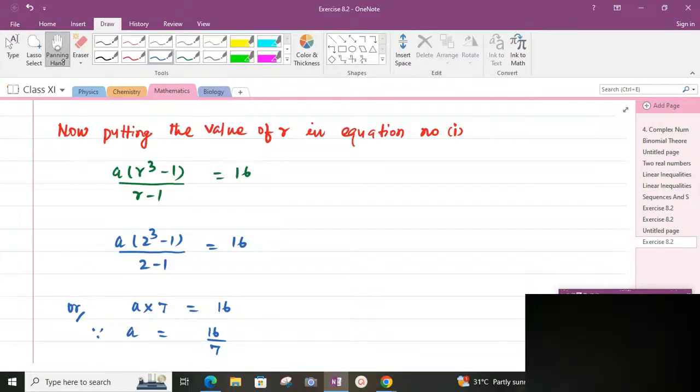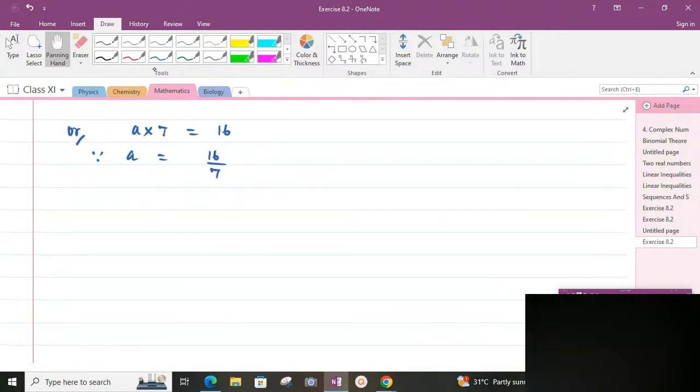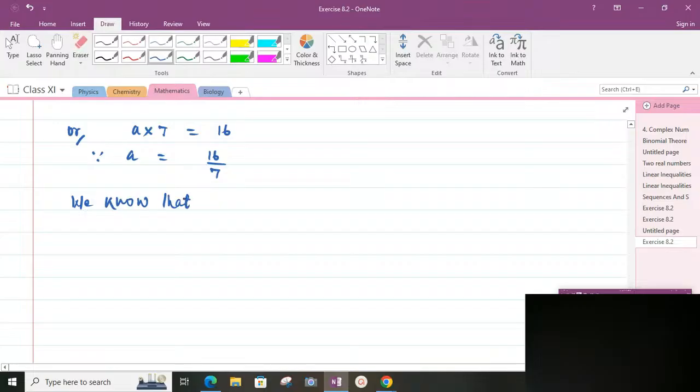In this question it also asks us Sn. So we recall the formula for Sn. We write down here, we know that Sn equal to A (r to the power n minus 1) by (r minus 1).